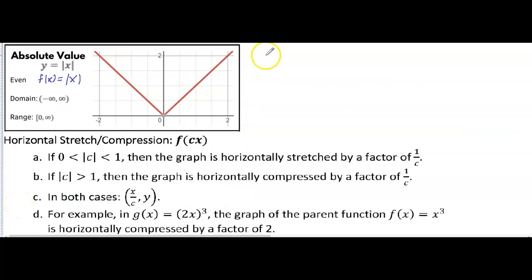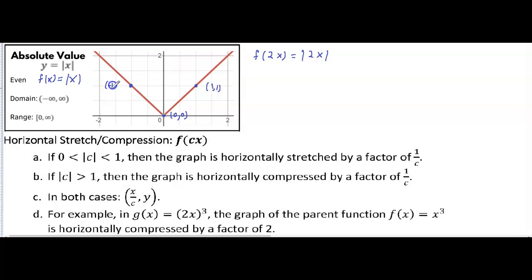Now let's talk about a horizontal stretch or compression using again the absolute value function. Let's go ahead and look at something like this. Putting it into my function, this is what we have now. And let's identify a couple of these points again to watch how they change.